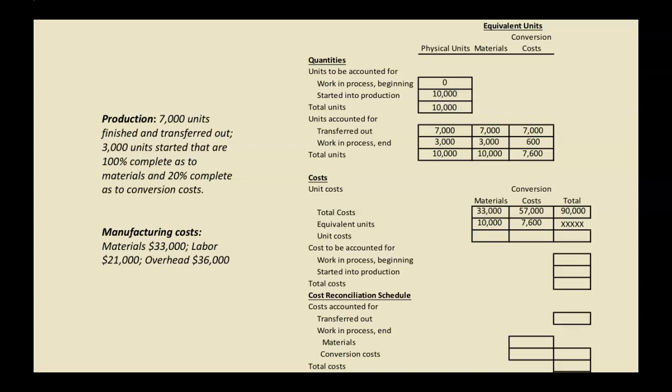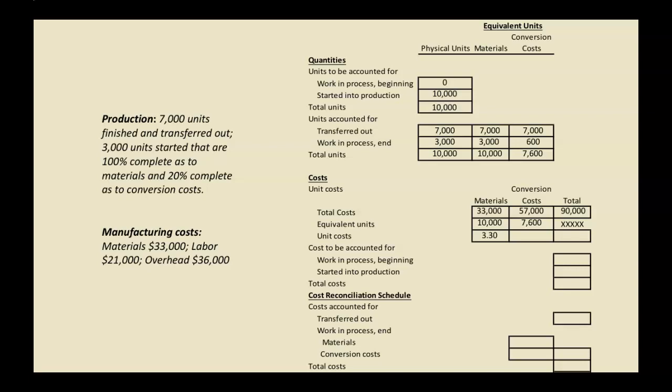Now we've already filled in our equivalent units row. So our next row is our unit cost, right? So we're going to take the total cost amount, divide it by the equivalent units amount for our materials and for our conversion costs. So 33,000 divided by 10,000 tells us our materials cost $3.30 per unit.